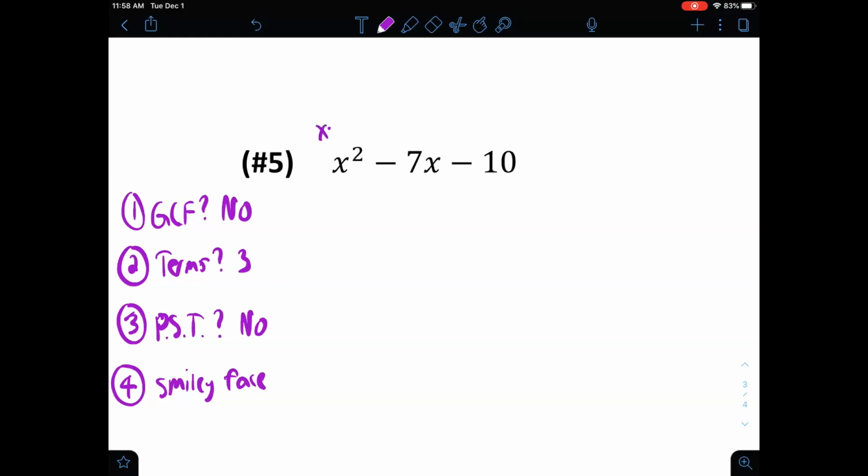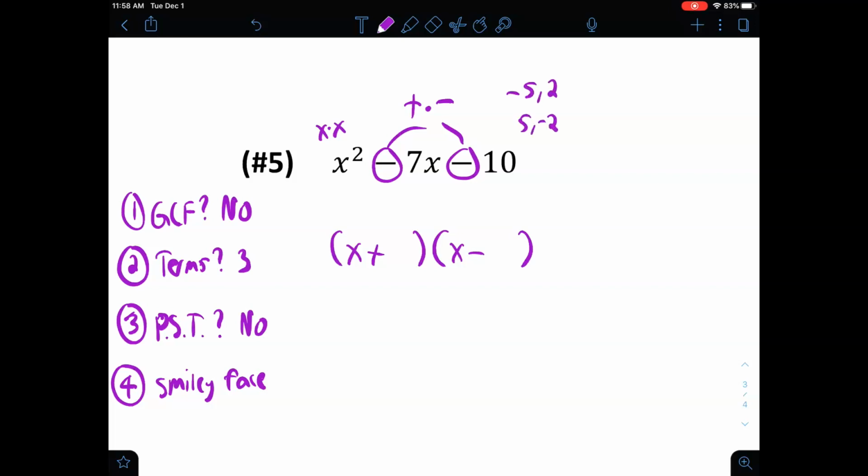Okay, so the factors of x squared are x times x. We have to multiply a positive times a negative to end up with a negative 10 at the end. So it means we're going to have something like this: x plus and x minus. We need factors of negative 10.